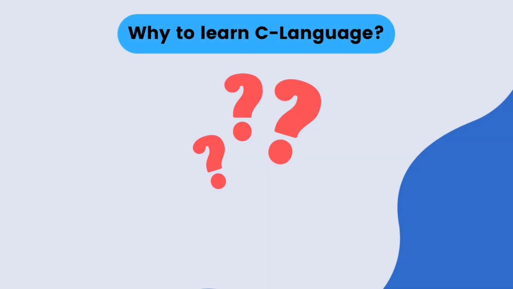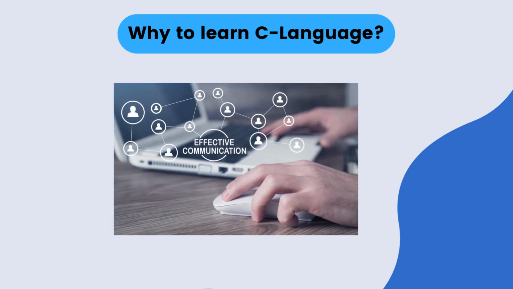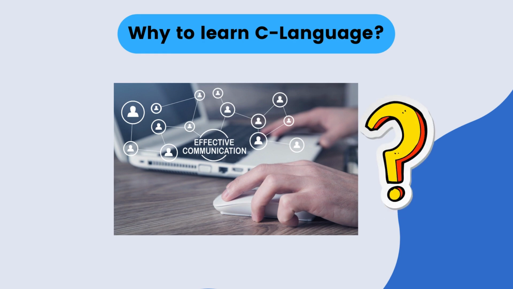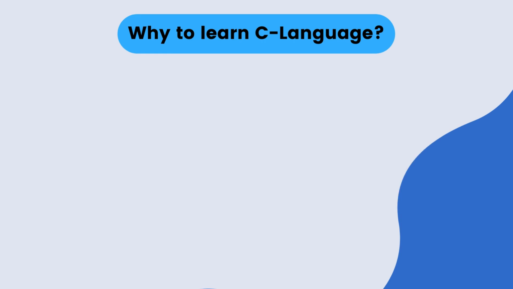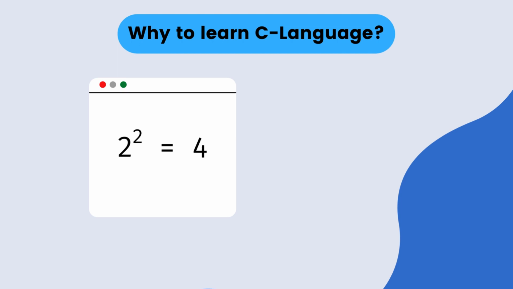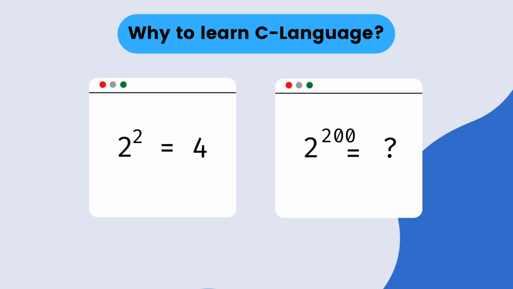Now, let me answer the biggest question. Why do we have to learn C language? The answer is to communicate with the computer. Then why do we need to communicate with computers? Let me answer this in simple terms. Can you tell me the value of 2 power 2? That is simple, and the answer is 4. Now can you tell me the value of 2 power 200?